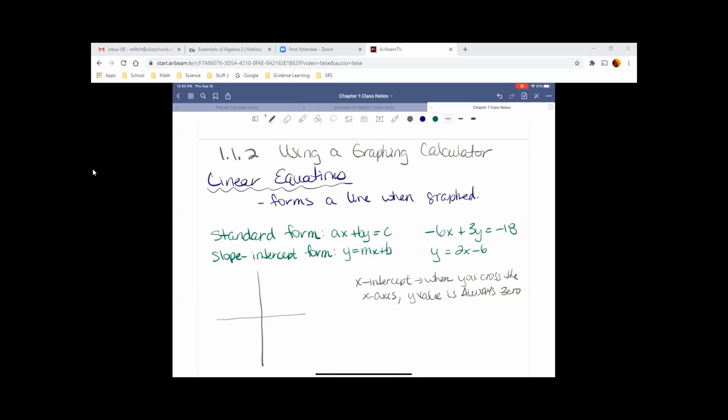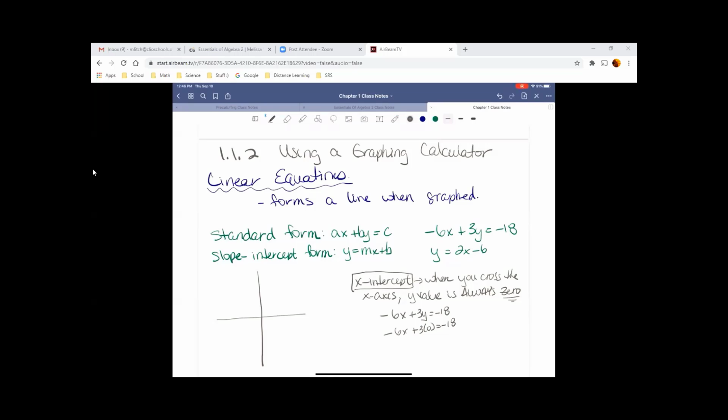So if I look at my equation, negative 6x plus 3y equals negative 18, and I'm looking for the x-intercept, what's my y value going to be? 0. So guess what I can do on my equation? What can I put in for y? 0. So negative 6x plus 3 times 0 equals negative 18.